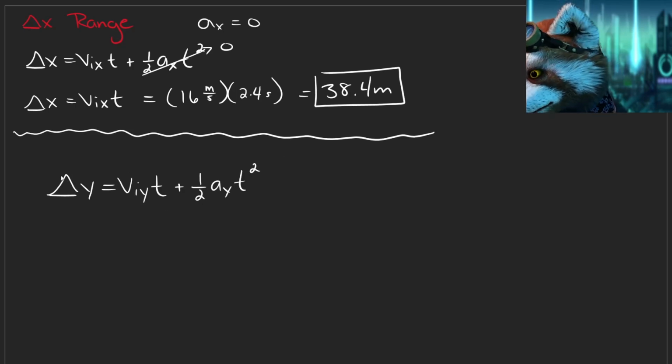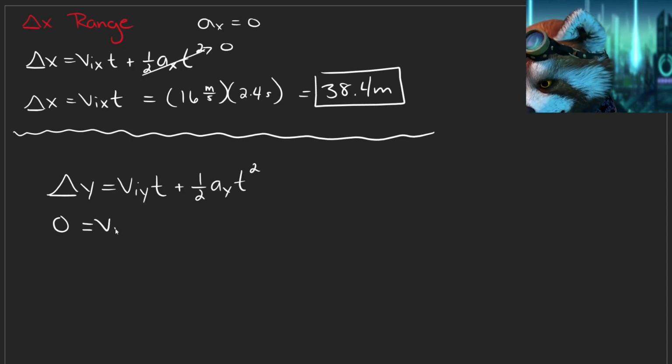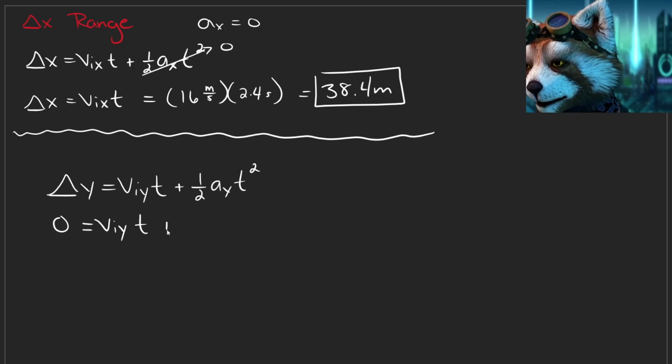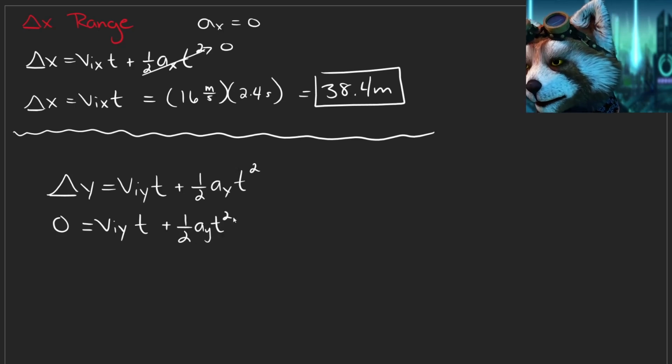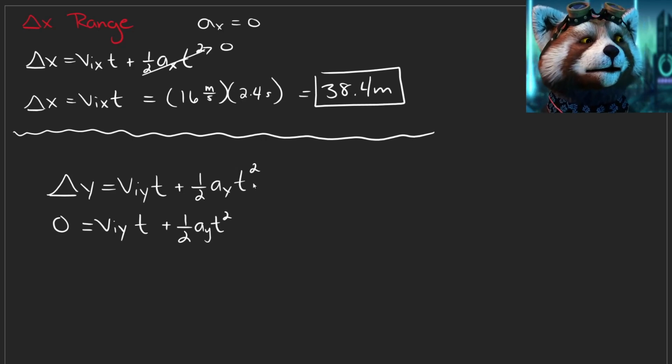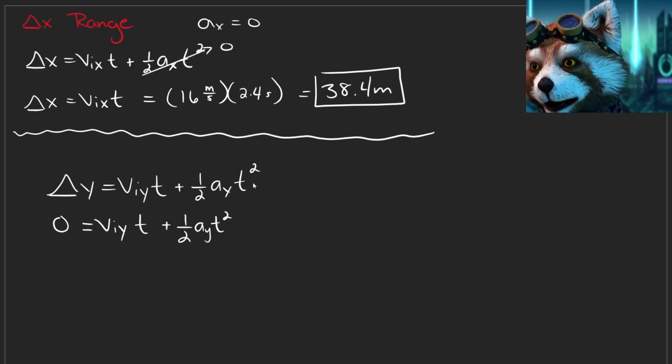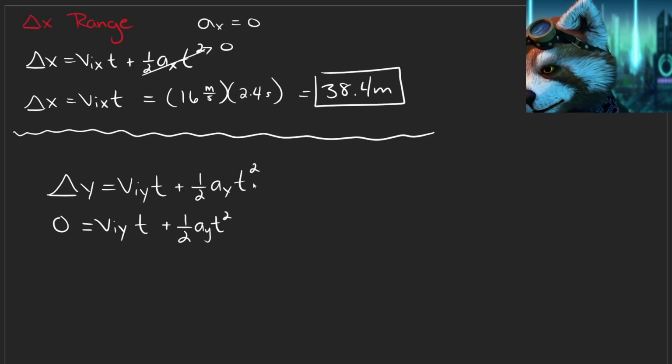Now, delta y was equal to 0, so we have 0 equals velocity initial in the y times time plus 1/2 acceleration in the y t squared. Now, I'm doing this one because there were a lot of questions about how I did this.